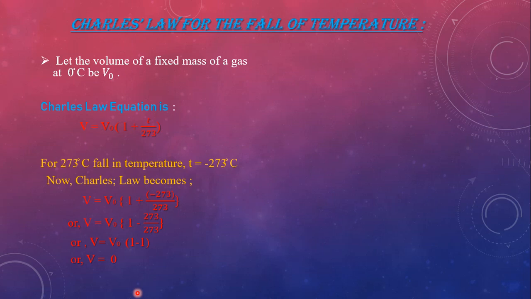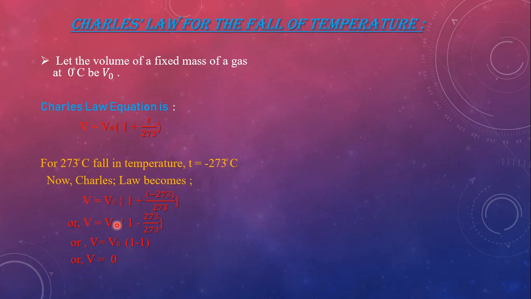So what really happens is when you decrease the temperature, another factor of change of state comes into play, which is when you decrease temperature to this lower temperature, all the gases will liquefy. From gas to liquid form, they will be changing their state instead of staying in the gas form. If they stay in the gas form, their volume should become zero. That's what Charles' law says. But in practical sense, the gases become liquid, and Charles' law no longer applies to liquids.